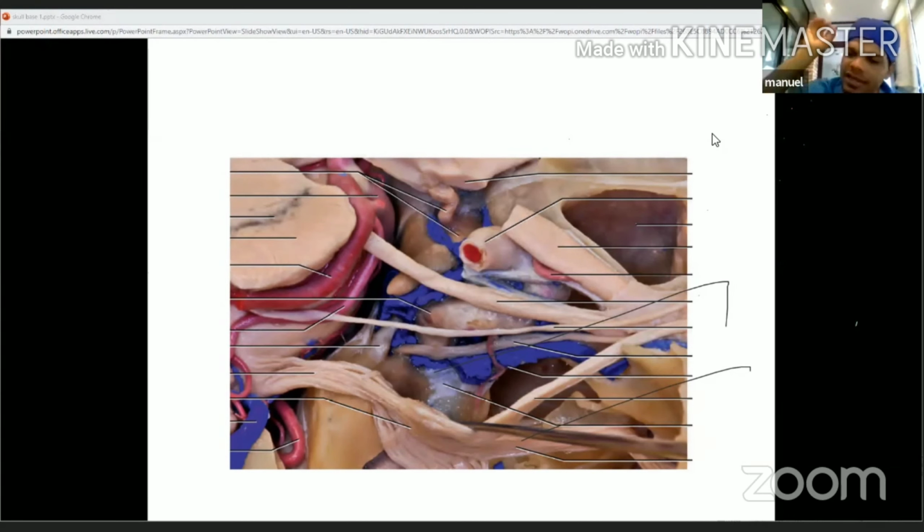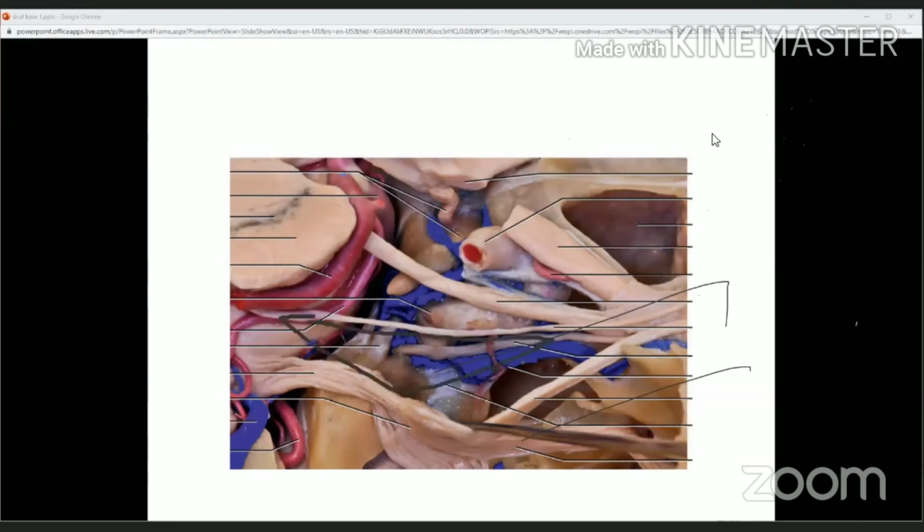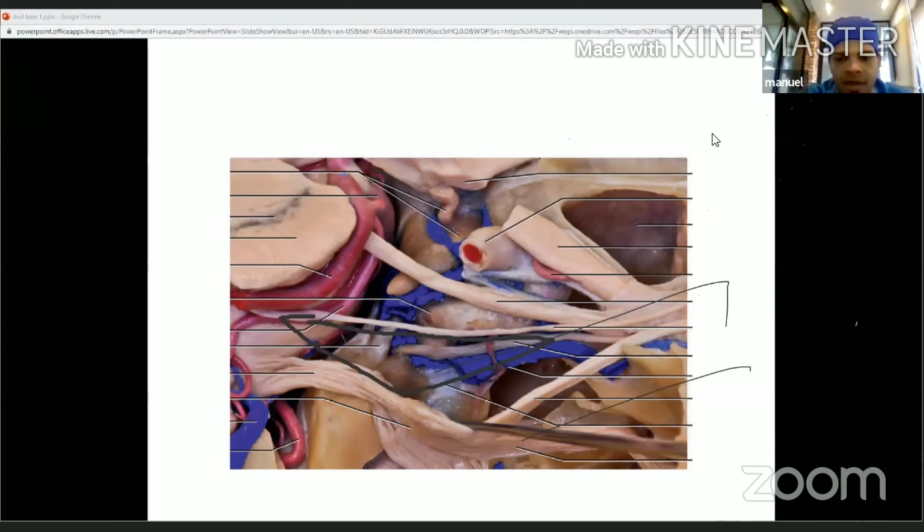So we're going to find it inferior to the trochlear nerve. Yes, exactly. Remember, they moved the trigeminal nerve, so it's supposed to be more close because this is one of the most narrow of the triangles.